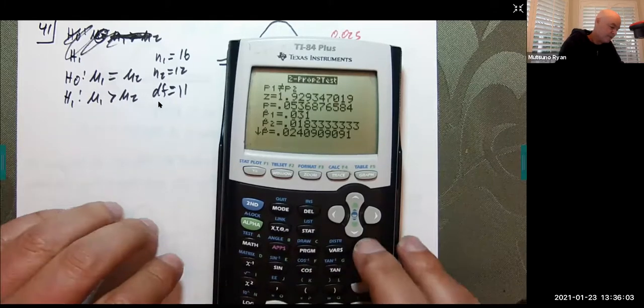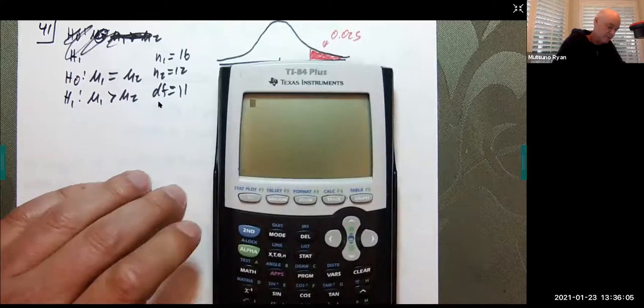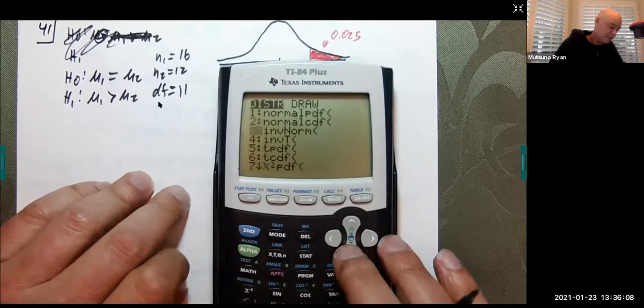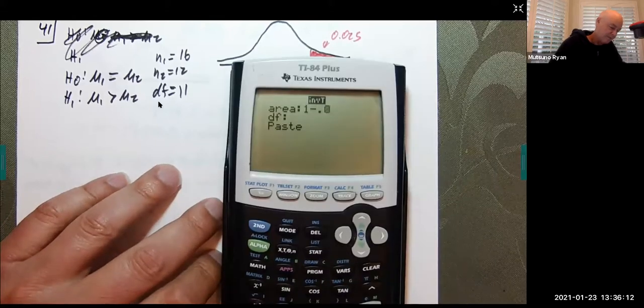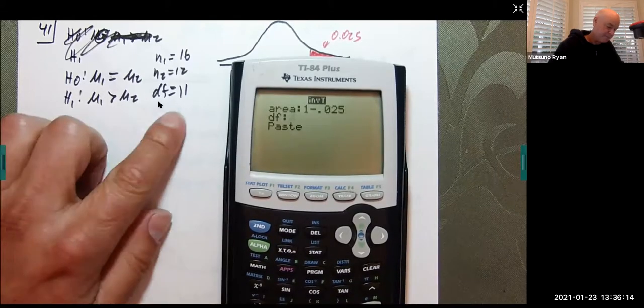Let's clear that. So distribution, inverse t. This is area to the left, so I'm going to do my 1 minus 0.025. Degrees of freedom is 11.